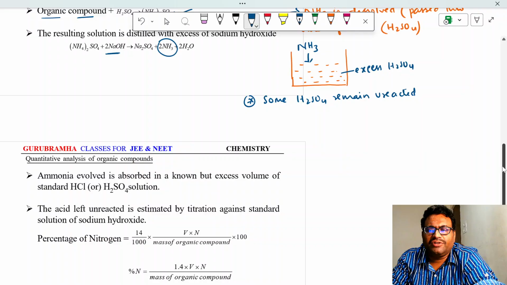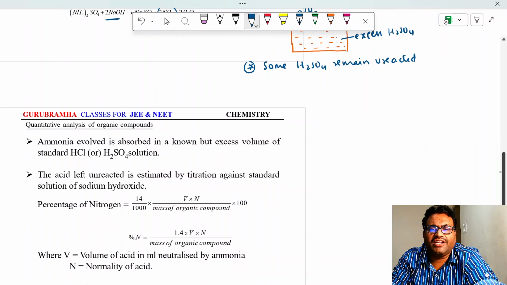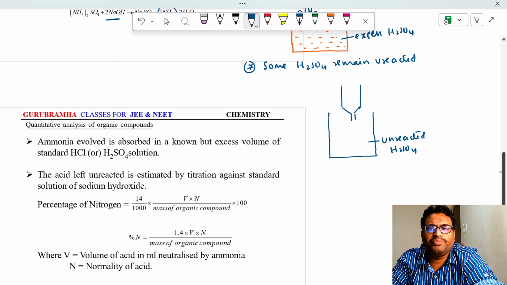Okay. Let us take here the same unreacted H2SO4. You can take it with a pipette. You are passing what? NaOH, standard solution.